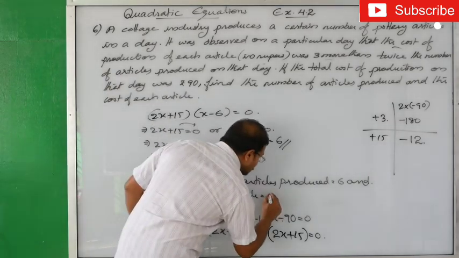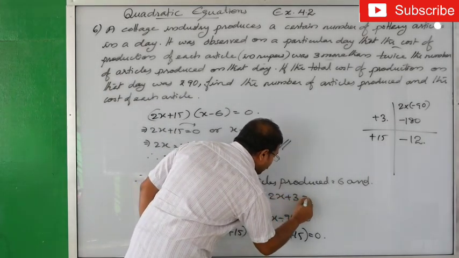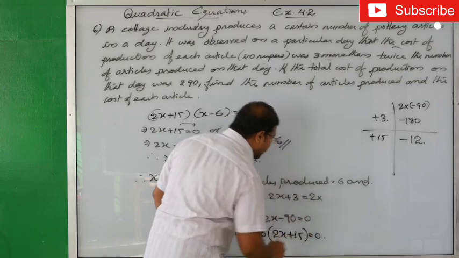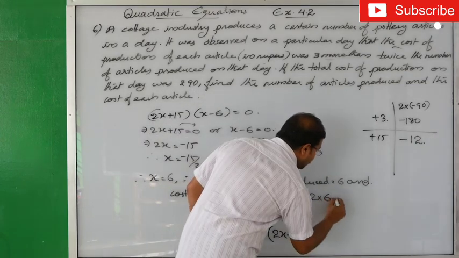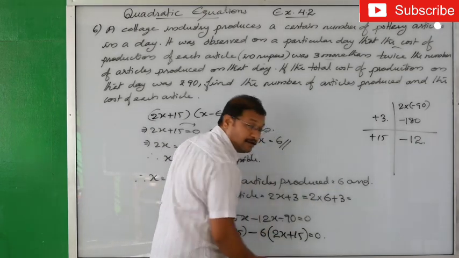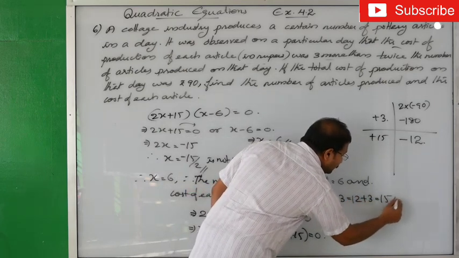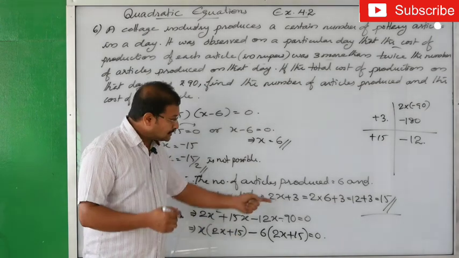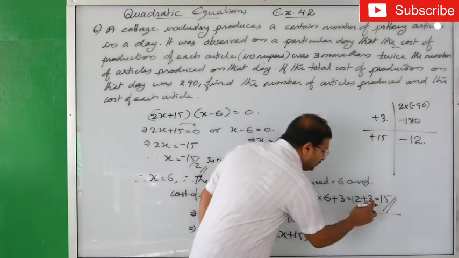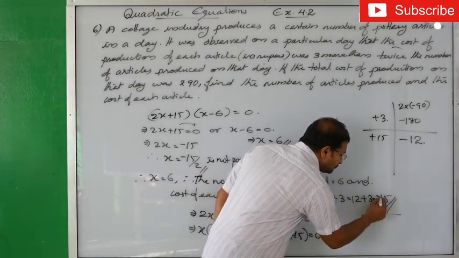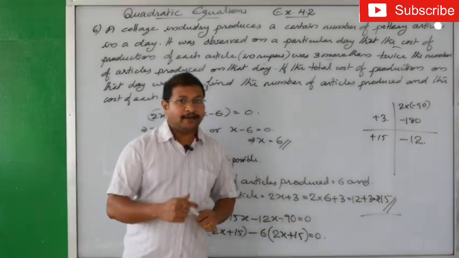That means 2x plus 3 equals 2 into the value of x, which is 6, plus 3. 2 6s are 12, 12 plus 3 equals 15. So the answer is 6 and 15. Of course, cost means you have to put it in rupees. Ready? So we got it.